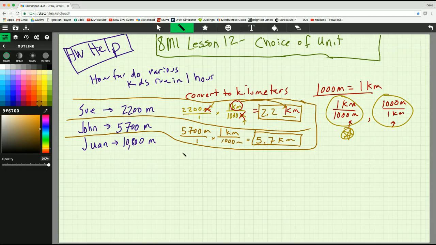So let's look at this guy, 10,800 meters. And we can just go 1 kilometer over 1,000 meters. And that's going to be 10.8 kilometers.